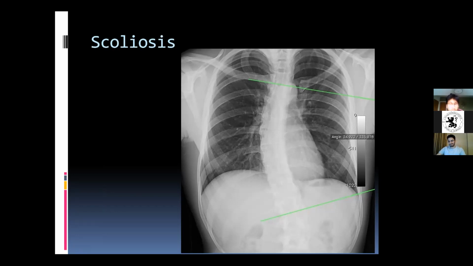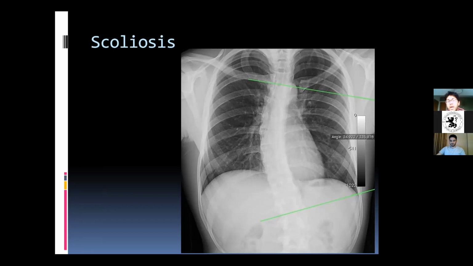So, okay, this is not kyphosis. This is scoliosis. What's the difference between kyphosis and scoliosis? Scoliosis is more when we're talking about the curvature of the spine going along the y-axis when we're thinking about a coronal view.